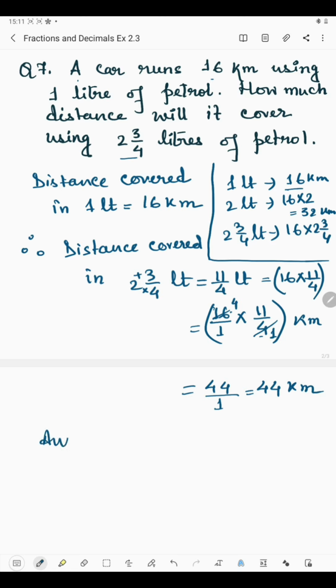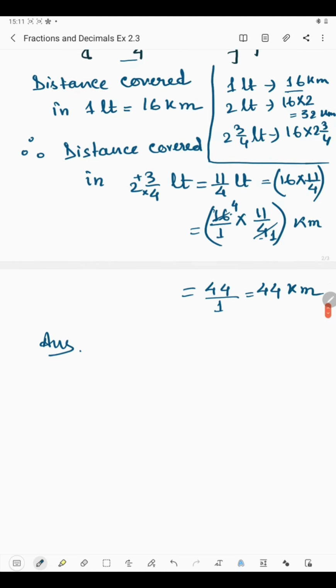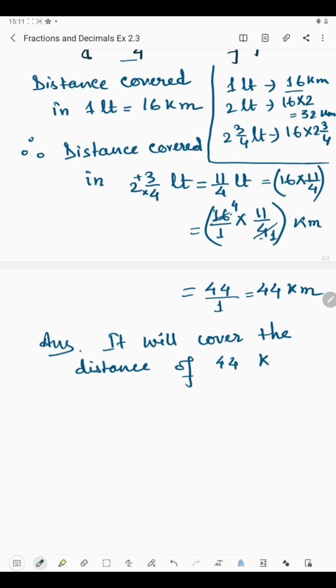So the answer will be, how much distance will it cover using this liter of petrol? So it will cover the distance of 44 kilometer. Okay.